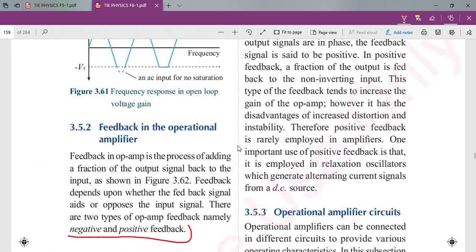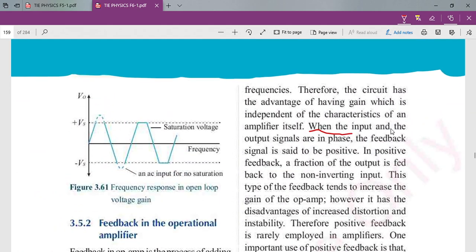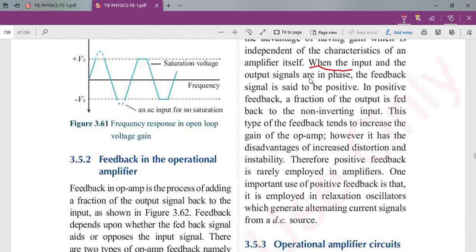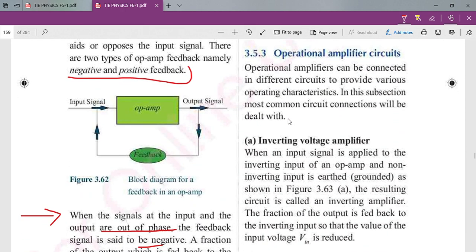Also we have the positive: when the input and output signals are in phase, that feedback is called positive feedback of the operational amplifier.